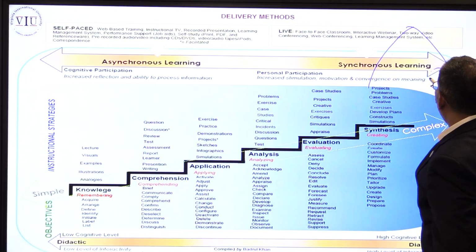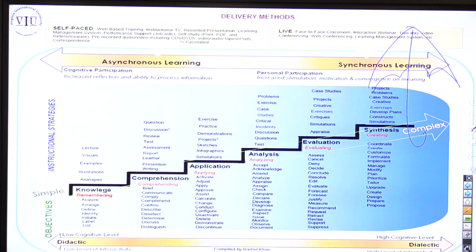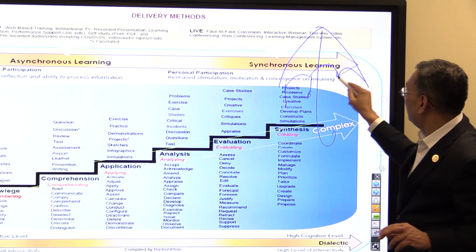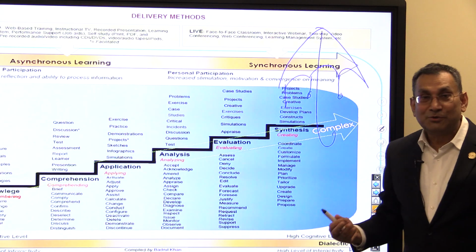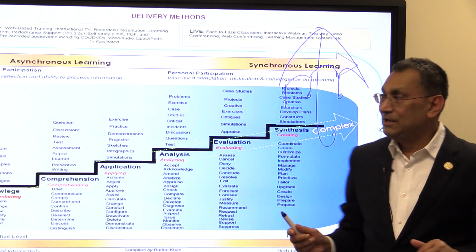Suppose you have an umbrella. The goal of the umbrella is to protect you from rain or sun. But each spoke of the umbrella is more like your learning objectives. So all you have to do is have a good goal for your training course or academic course.